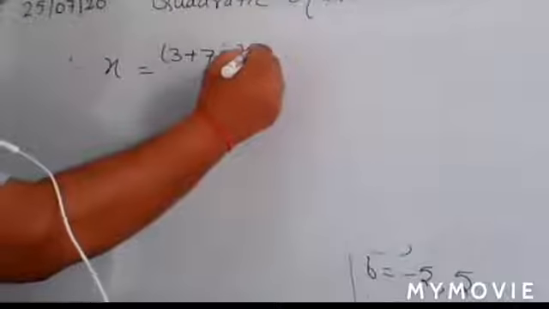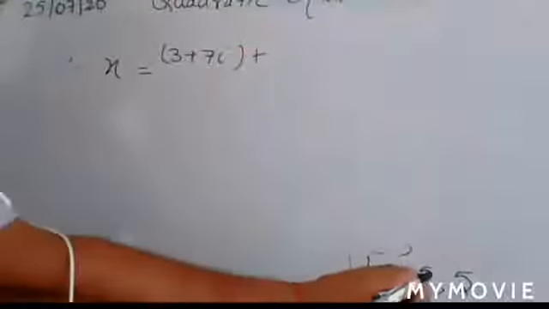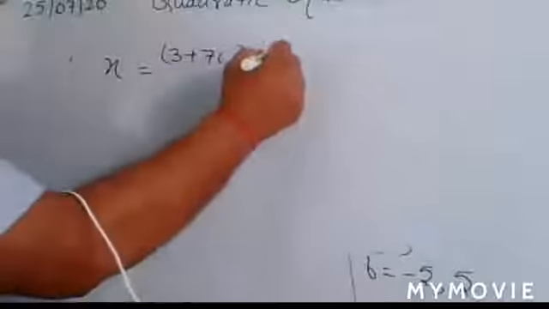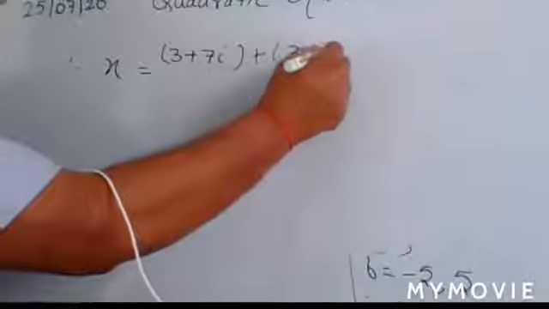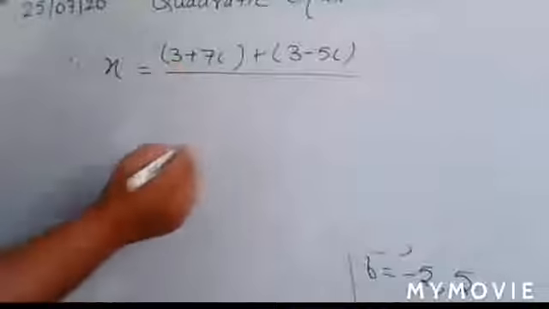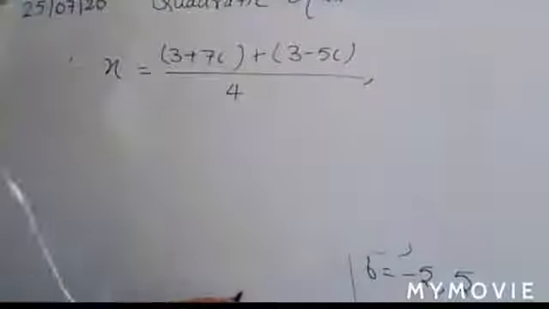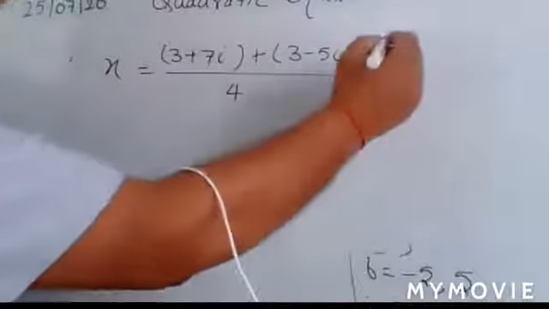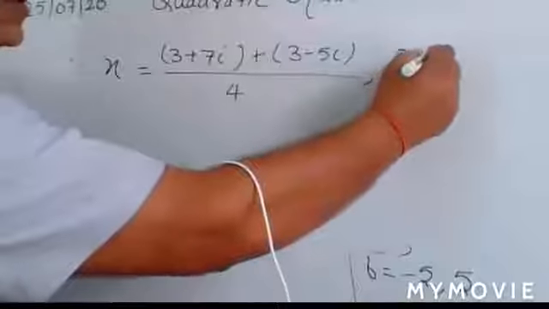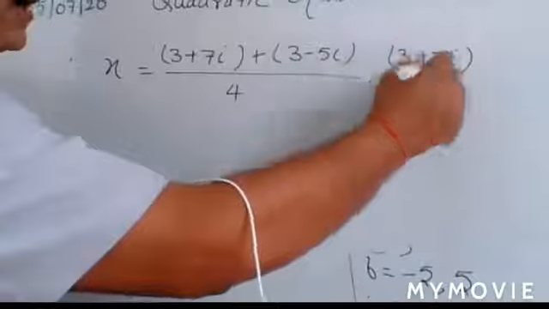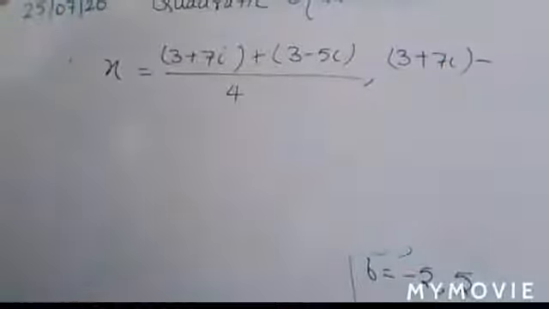So if you take the plus sign here, you have to take one value of the square root, that means 3 minus 5i, and the whole divided by 4. Okay. Now if you take the negative value, you have 3 plus 7i into minus times its second value, minus times of 3.